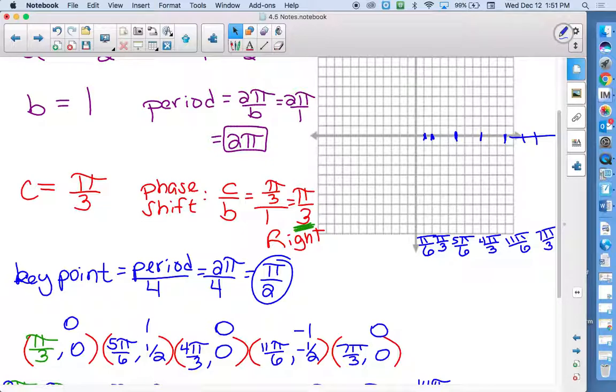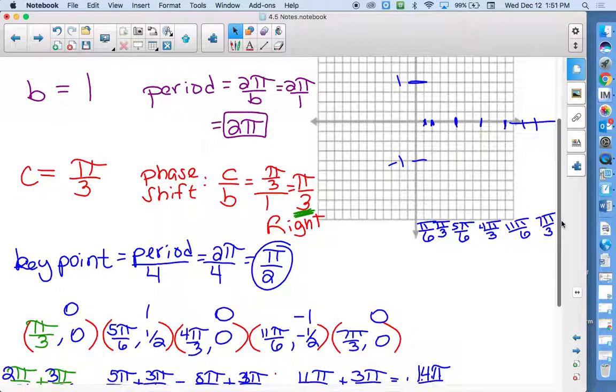And then we have to count up 4 to go to 1, down 4 to go to -1. So when you plot your points, you're starting at pi over 3, which is actually the second box. So I'm not starting at 0, because the graph starts at pi over 3 on the x-axis. So that's where your first point should be located.